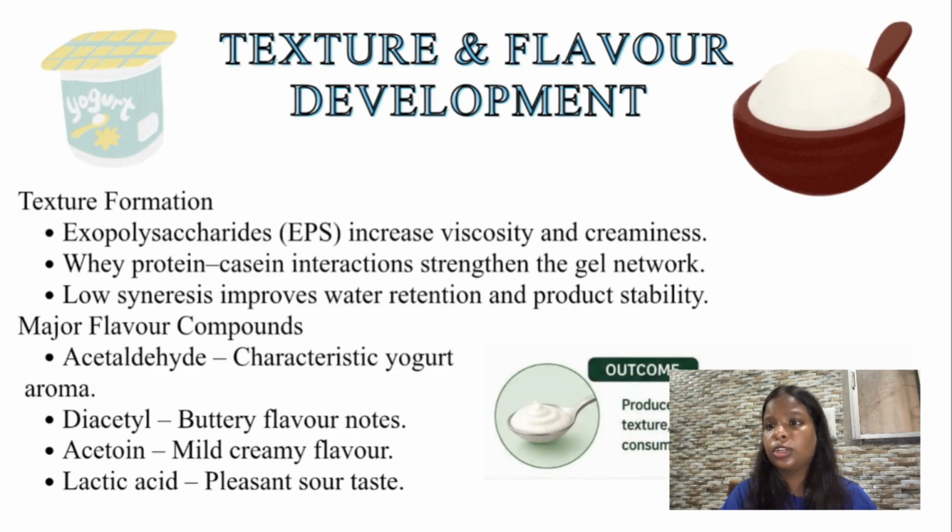Several compounds contribute to yogurt's characteristic flavor. Acetaldehyde provides the typical yogurt aroma. Diacetyl contributes buttery notes. Acetone adds a mild creamy flavor, and the lactic acid gives yogurt its refreshing sour taste. Together, these compounds create the sensory qualities that consumers associate with high quality yogurt.